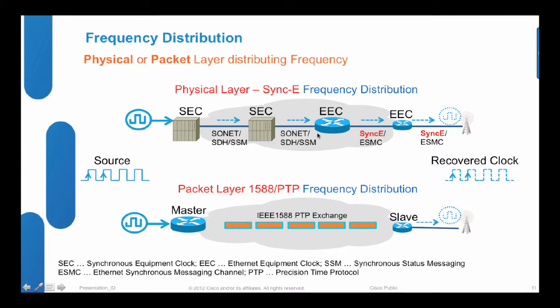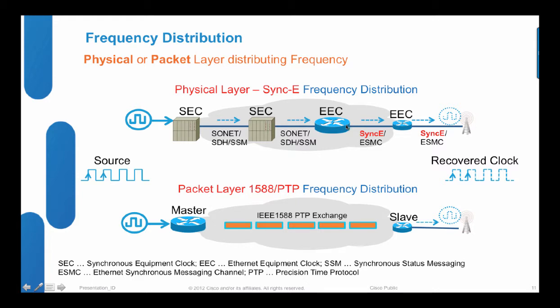And then we come into the newer world where we are now, where we have the EEC, the Ethernet equipment clock, and the equivalent of the synchronous status message is now the ESMC, the Ethernet synchronous messaging channel. This is a fairly basic way of communicating between two routers.